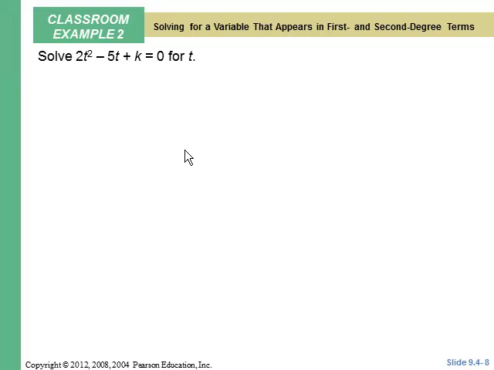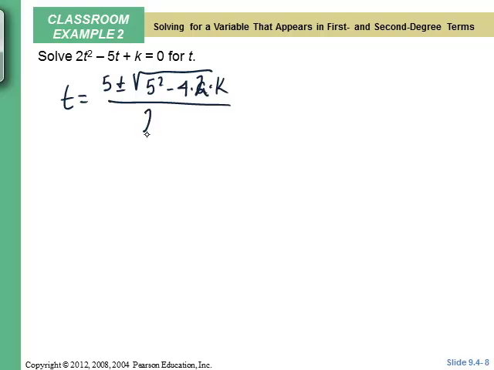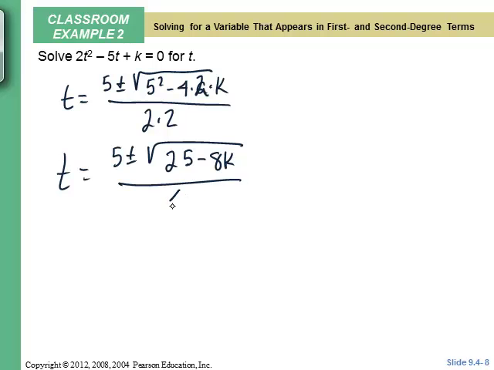Probably the easiest way to solve this one would be to use the quadratic formula. t equals negative b, which is negative 5, plus or minus the square root of b squared, 5 squared, minus 4 times a, which is 2, times k, all over 2 times 2. Or t equals 5 plus or minus the square root of 25 minus 8k over 4.